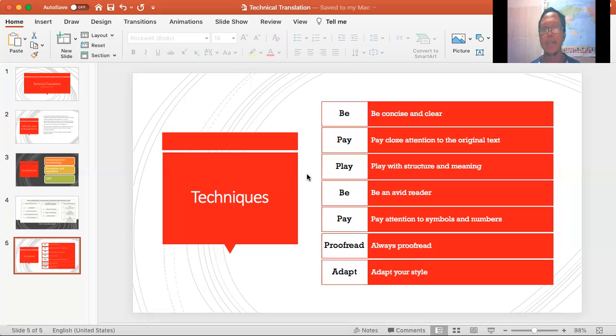And then you need to be able to play with structure and meaning, suggesting that when you translate technical text, it is possible to make a little twist, a little change in terms of structure, especially when the sentences are long and confusing when translated into the target language.